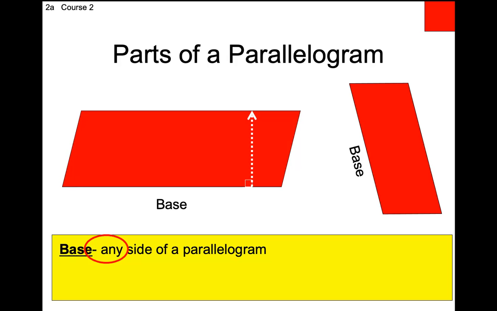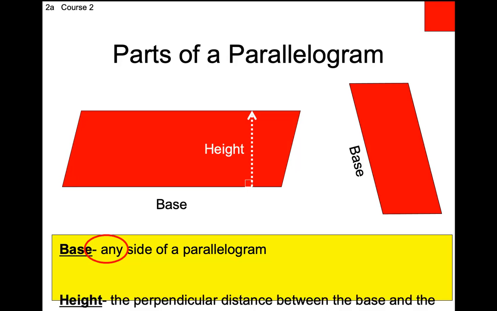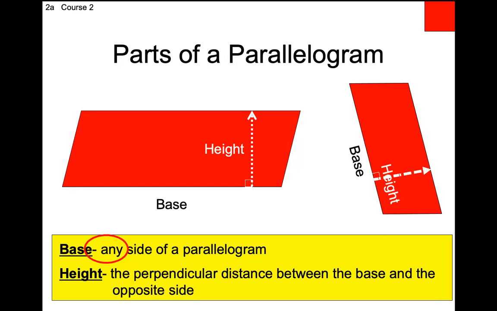So where is that white dotted line going to be on the one to the right? From the base to the opposite side. It's going to be perpendicular. Look, it's not going to go straight across. It's perpendicular, so it's going to be canted. So on this one, it's going to look like that, if, in fact, you chose the side to be the base.